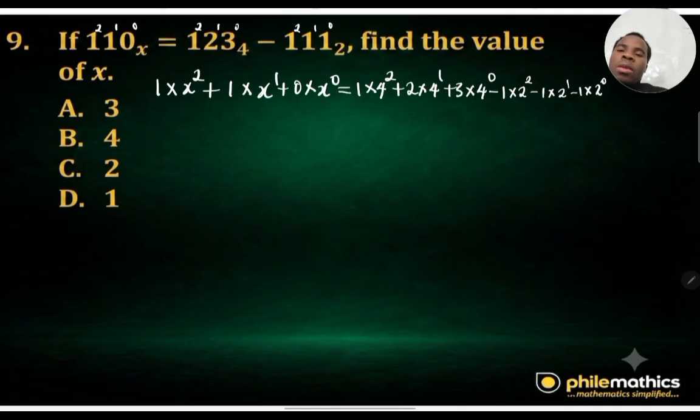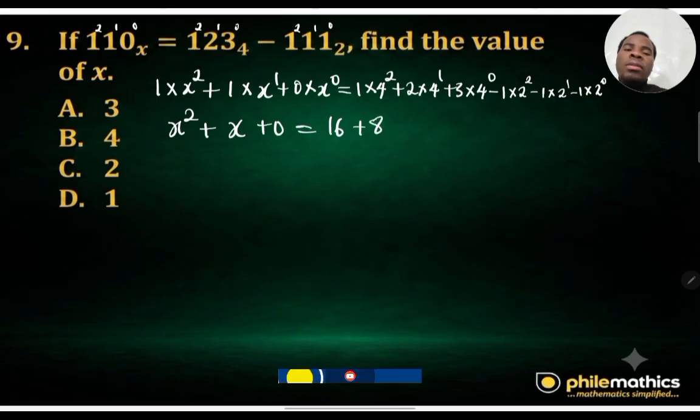And so 1 times x squared is simply x squared. 1 times x is x. 0 times x to the power 0 is 1, and times 0 is 0. 1 times 4 squared is 16. 2 times 4 is 8. 4 to the power 0 is 1. And 1 times 3 is 3.